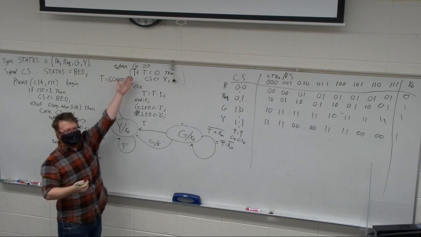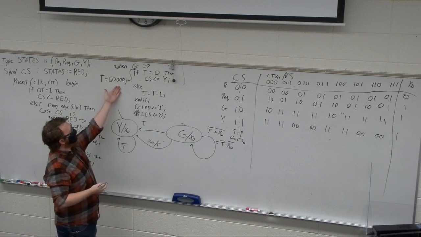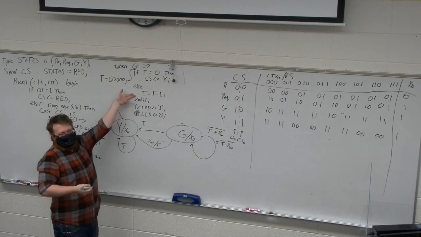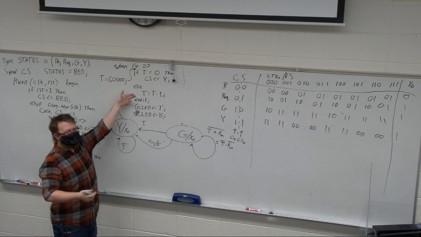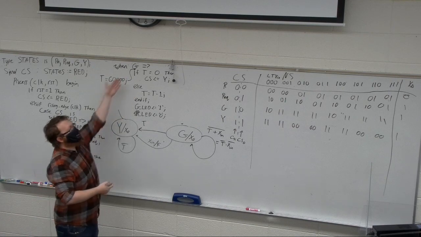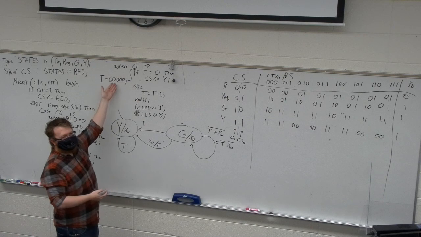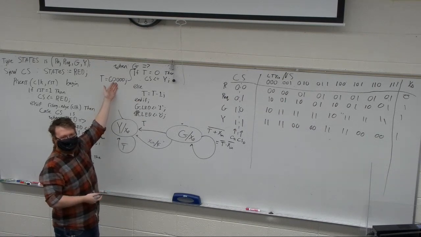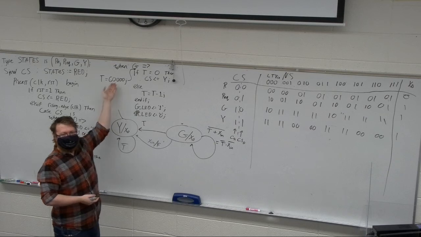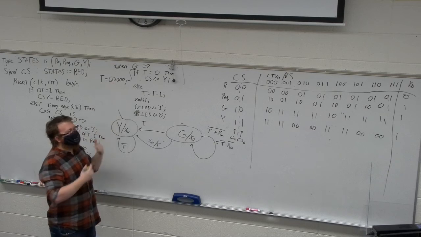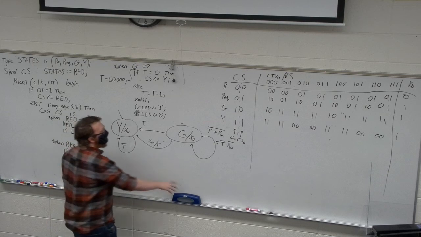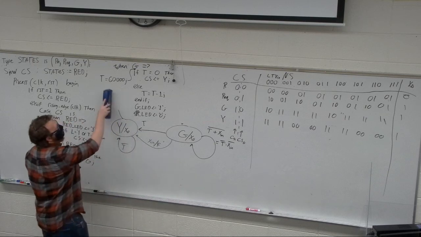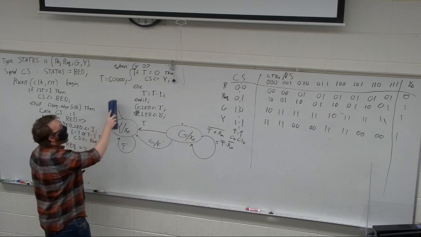Oh, it's G. So the first thing I'll do is set T equal to 60,000, and then subtract 1 from it. The next clock hits. It goes, what state am I in? Oh, I'm in green. Well, it was 60,000 minus 1, but now let's remake it to 60,000. Right, so that's gonna happen every time that we evaluate this state. So it's never going to get less than 59,999.